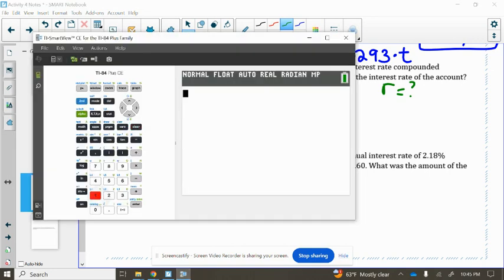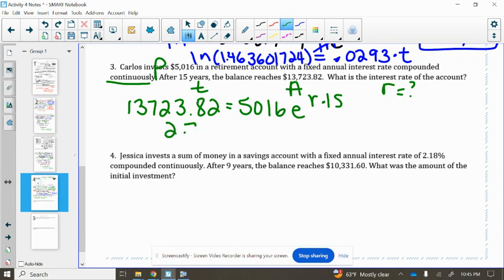So we're going to still start off by taking 13,723.82 and dividing over that principal value of 5,016. And again, this time we have 2.736, and we have all this equal to e to the r times t. And again, if we take the natural log of both sides, that cancels out our ln e, and we just have r times 15.